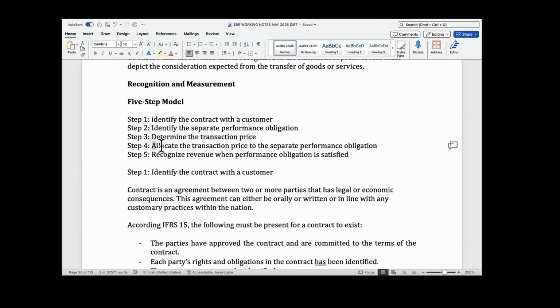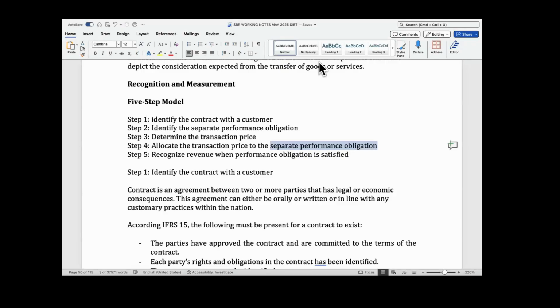And again, after you have determined transaction price, you will usually then allocate that price to the separate performance obligations you have identified. And this is particularly important in scenarios where entities sell a bundle of goods and services. They sell many services together as one, right?